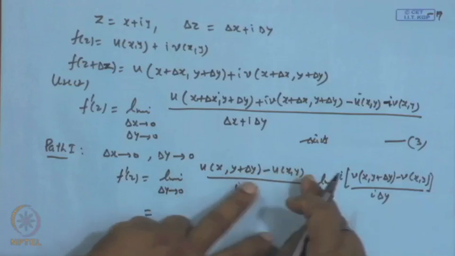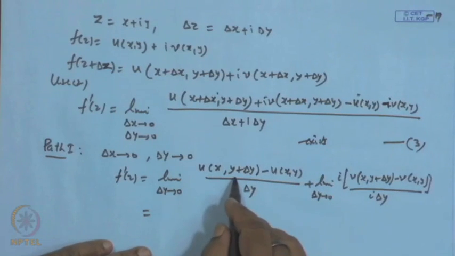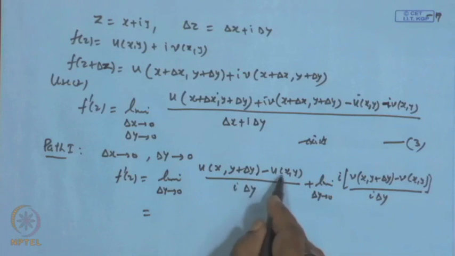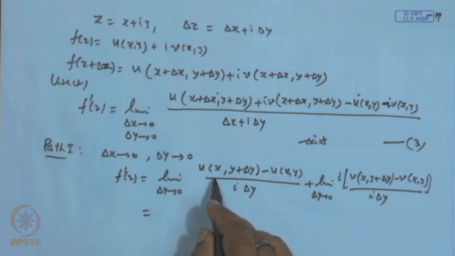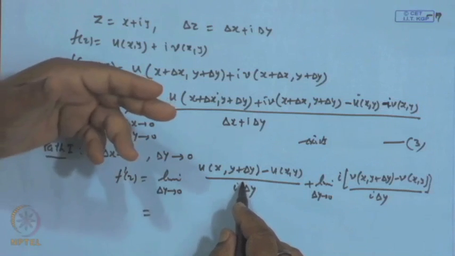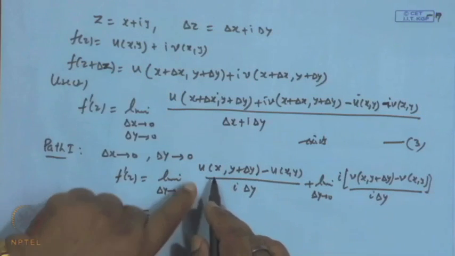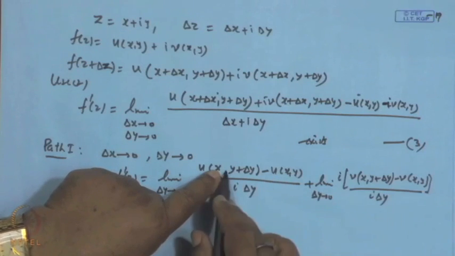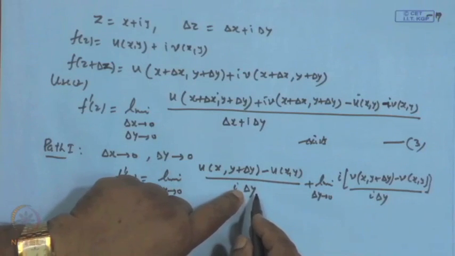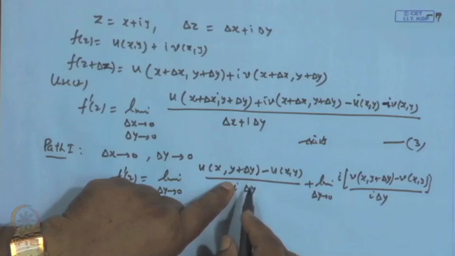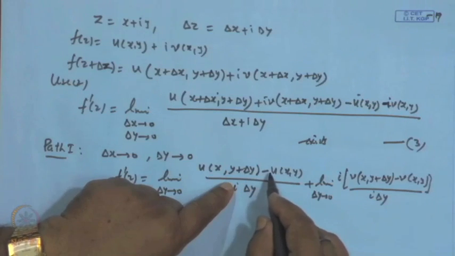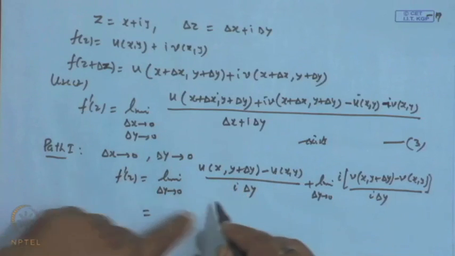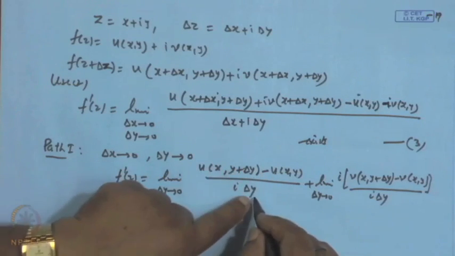Now, let us see, this Δy is tending to 0, there is a change in the second coordinate, y is changing to y + Δy, and there is no change in the x coordinate. So you are taking the partial increment in u keeping x constant, and this partial increment is divided by Δy. So the limit gives the partial derivative of u with respect to y.